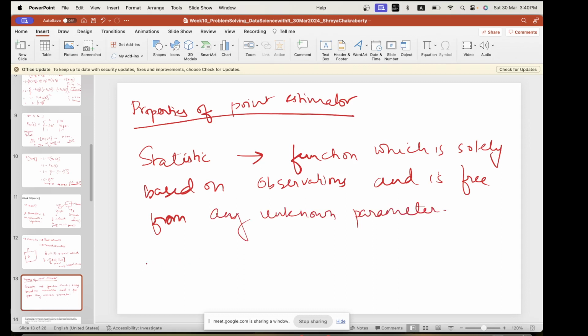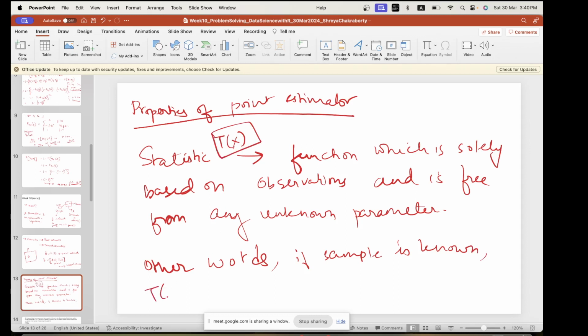In other words, if your sample is known, the statistic T(x) is completely specified.